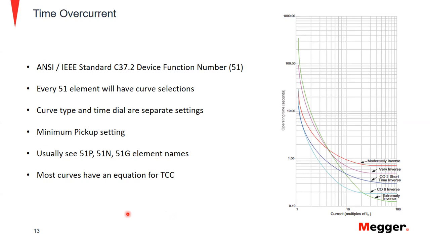Most of the 51 elements will have some type of TCC, and most will have an equation tied to it, or you'll see the older electromechanical style, where they used to call them the old skins. They're really thin pieces of paper with the logarithmic graph on them, and you would have to use your little ruler and a pencil. So it was enjoyable to walk through that one time in a career.